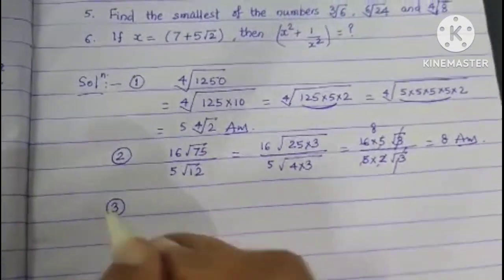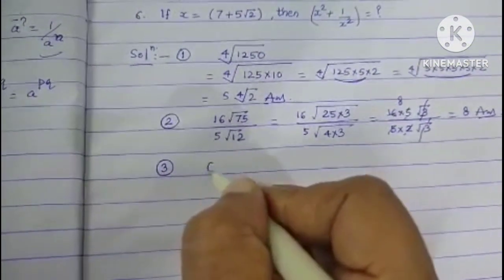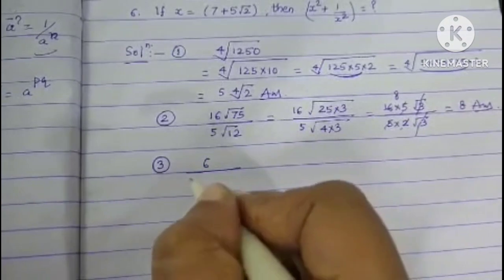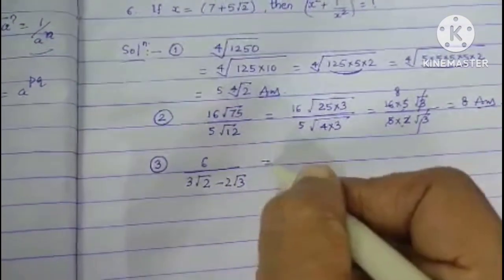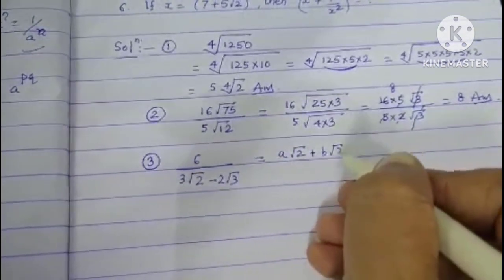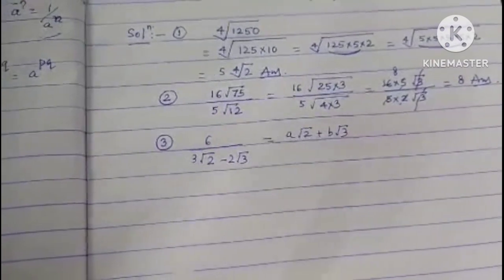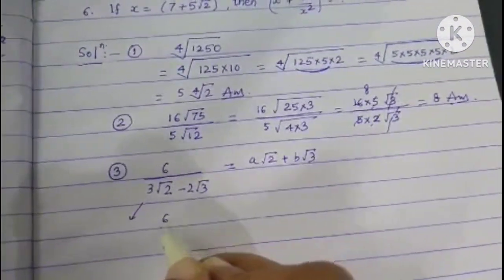Now number 3. What is question number 3? Okay, question number 3 was like this: 6 by 3 root 2 minus 2 root 3 is equal to a root 2 plus b root 3, and we have to find out a and b. Okay, so let's rationalize this one.